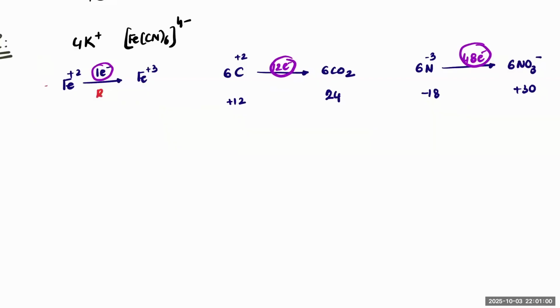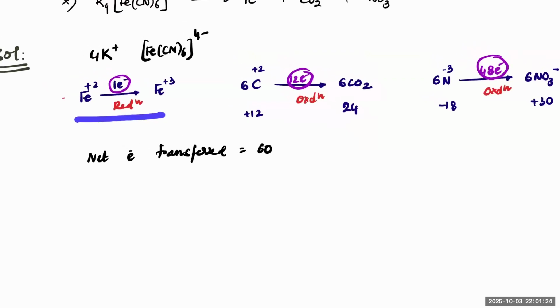Notice this is reduction, this is oxidation. So net electrons transferred will be equal to 12 plus, this is 60. Okay, clear?